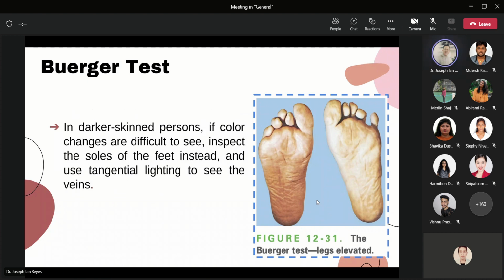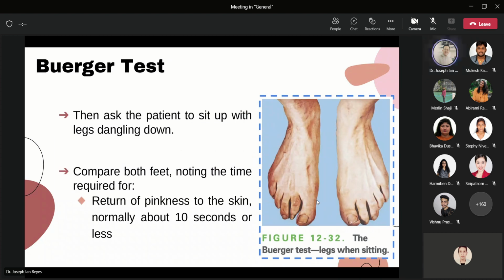If one leg is darker or lighter, check for perfusion. Also ask the patient to sit up with legs dangling, compare both feet, noting the time required for reperfusion. Return of pinkishness to the skin is normally about 10 seconds or less. If more, maybe perfusion is not good. Okay.